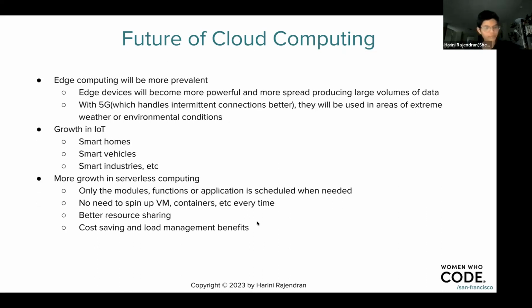And some more interesting things that we could see in the future. I was just talking about edge computing and Internet of Things, right? With advancements in networks like 5G, which is really good at handling intermittent data, edge devices are getting more and more powerful and more widespread. As someone mentioned on the chat, earthquake sensors, temperature sensors, whatever you take, have to be deployed in remote regions.